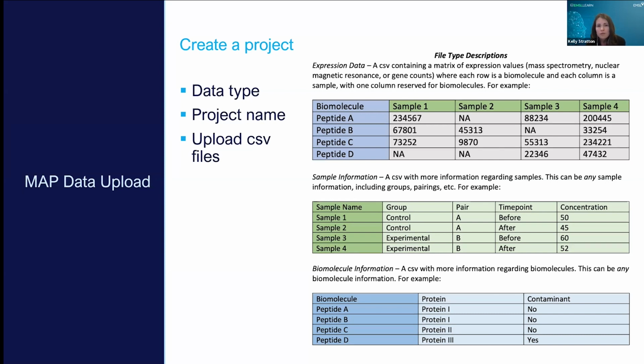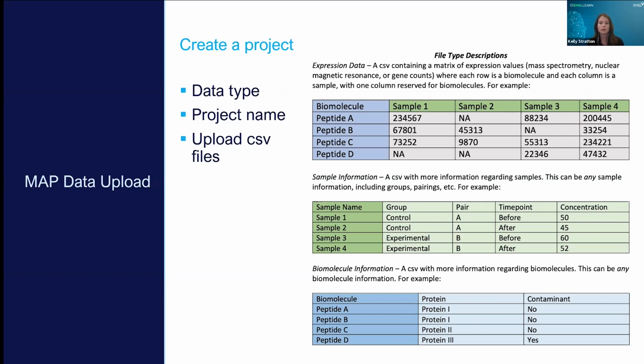At the top, we have our expression data. This is a matrix of values that you get from the identification and annotation that Lisa was talking about. The structure of this file is that you have one column for your biomolecule identifier. Here it's showing peptides. And then the remaining columns are associated with each of the samples that were run. Here you can see that we have numeric values as well as some NAs, and those are representing missing values in this data set.